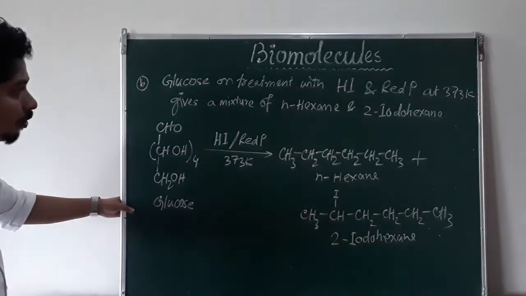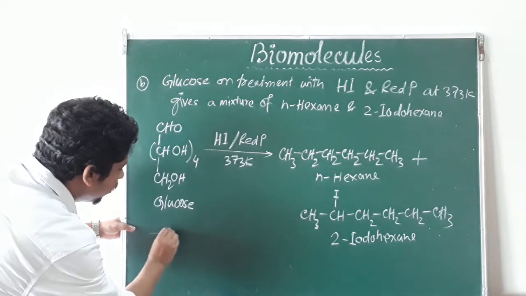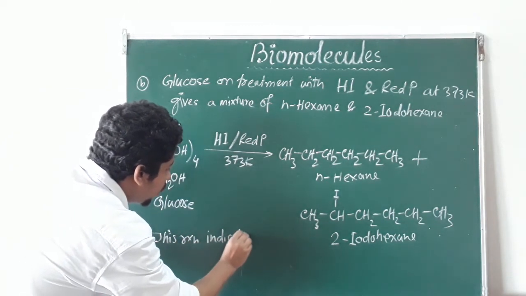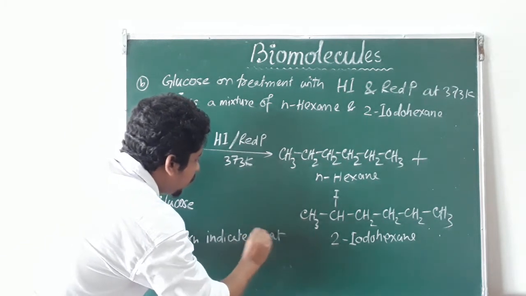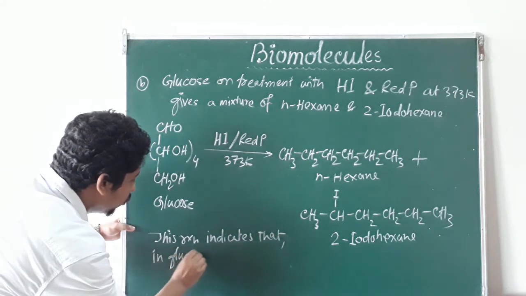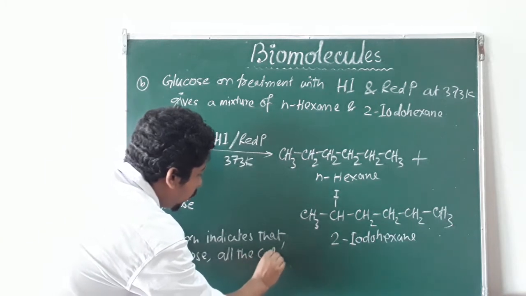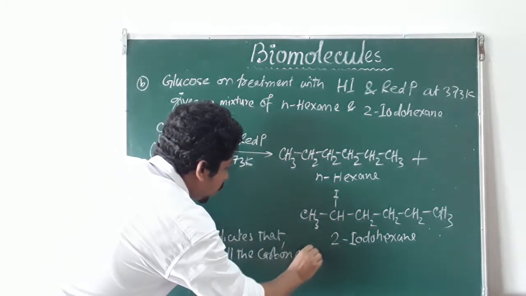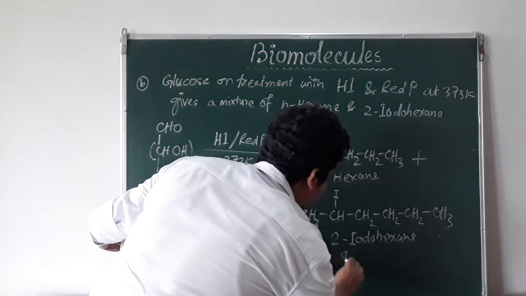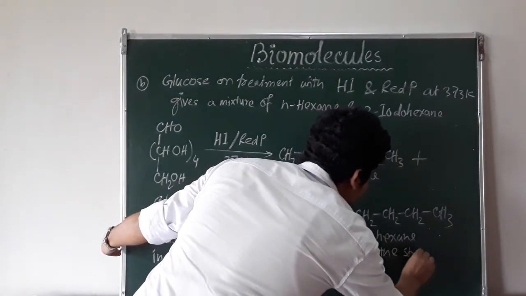Okay. So here you can write: this reaction indicates that in glucose all the carbon atoms are in the straight chain form.